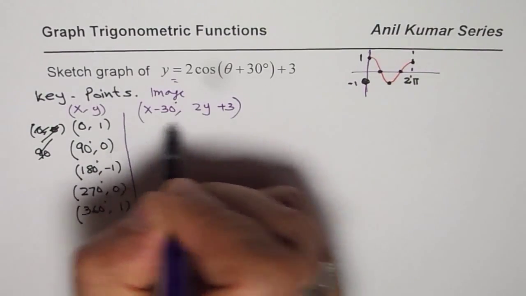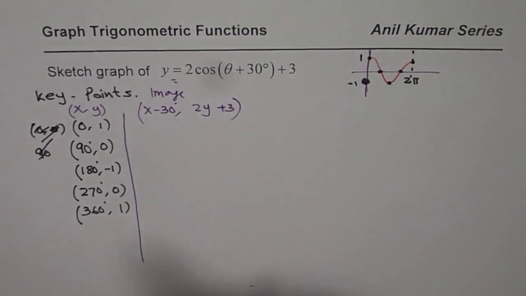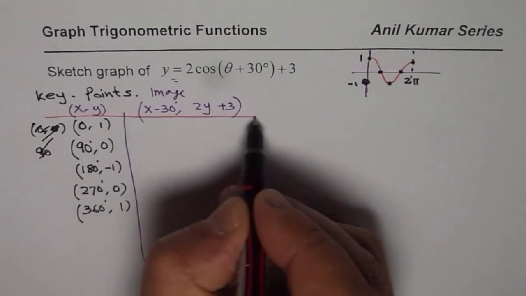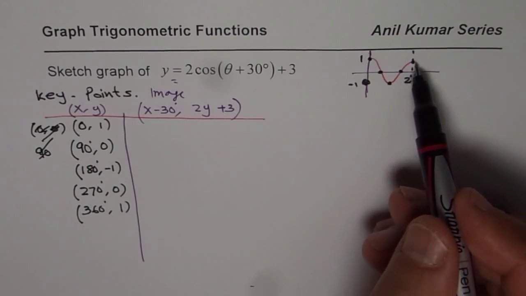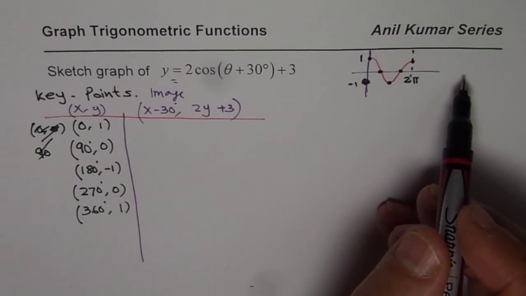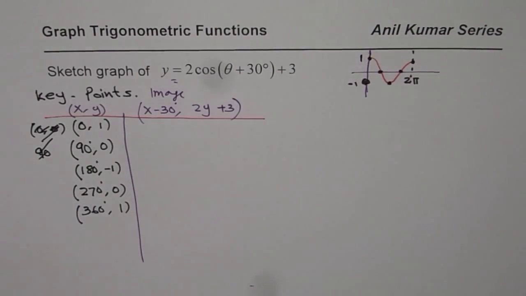So that becomes the transformation for the points which we are considering, right? So completing this table helps us to get the transformed points, which when plotted on a graph paper will give you the graph of this function, right?